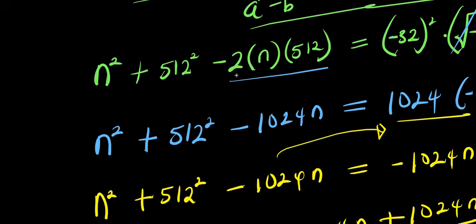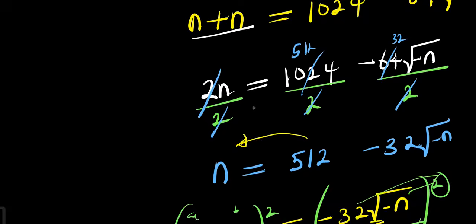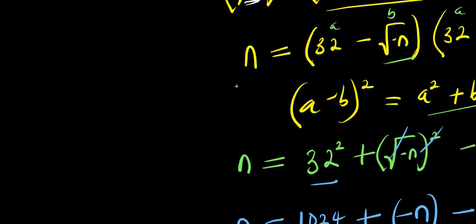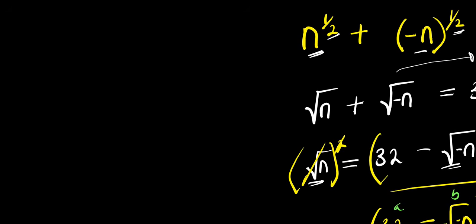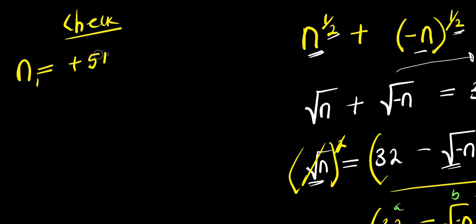Now what I want you to do is insert those complex values back into the equation and let's see if it satisfies. Drop it in the comment box. Check. I want you to insert n1 equals positive 512 times i right here.